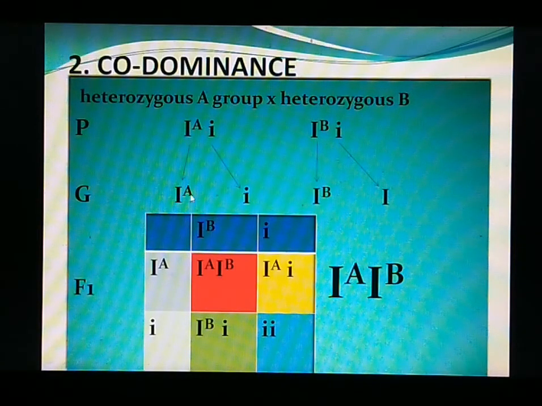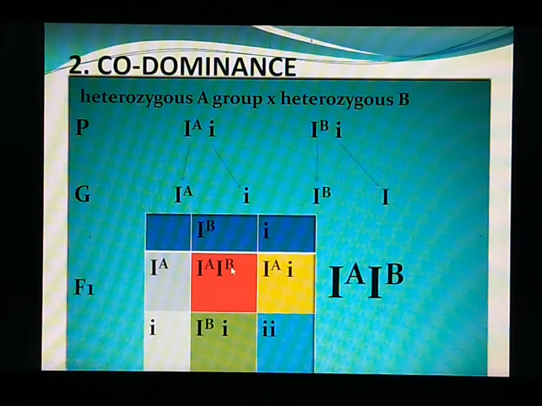Definitely we know how the gametes are formed. One of the alleles will be present in one gamete, right? So similarly we will get these haploid gametes here. Now when we prepare the Punnett square and assign these gametes in the top column and the left-hand side row, what are the offspring that are obtained?